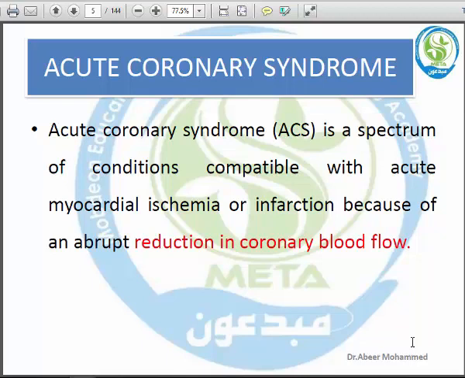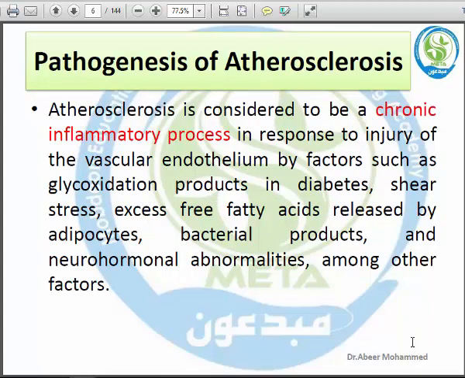Triggers or causes of plaque rupture: يعني الحاجات اللي بتؤدي لنا للبلاك rupture like increased blood pressure or increased pulse rate or myocardial contractility في the coronary or change in the coronary blood flow. Once the plaque is ruptured, the plaque will be thrombogenic.